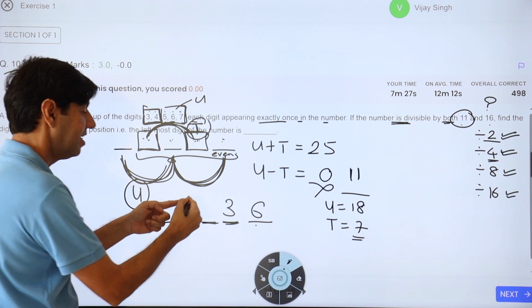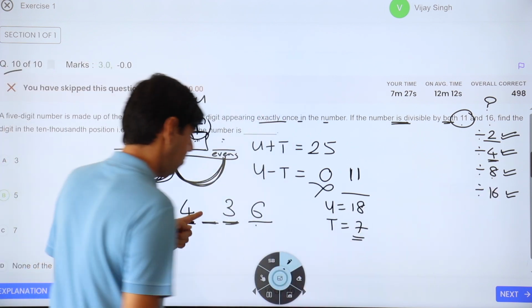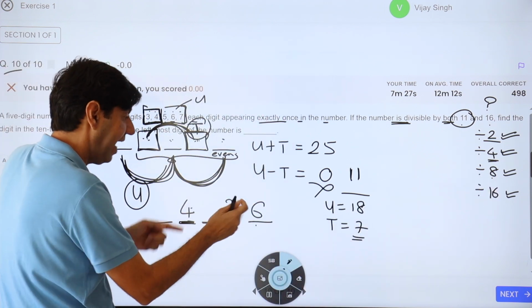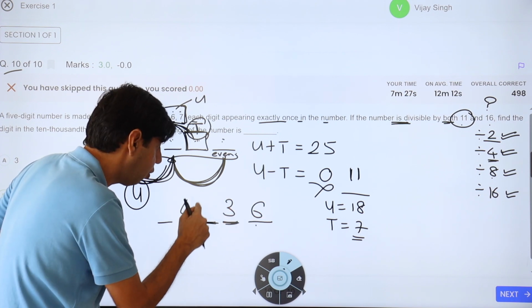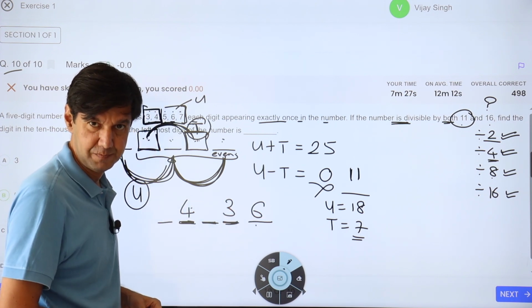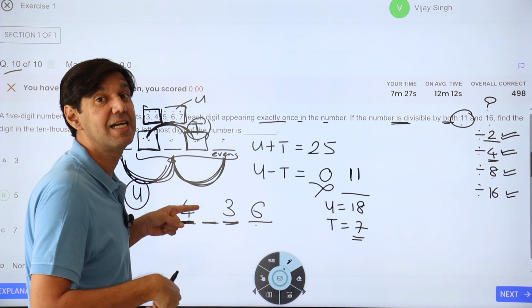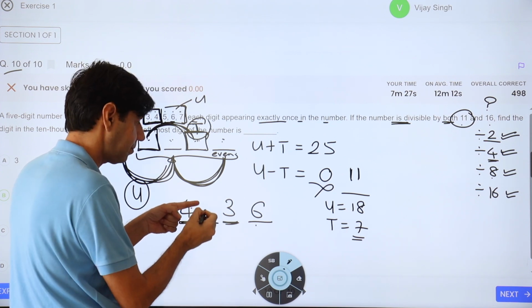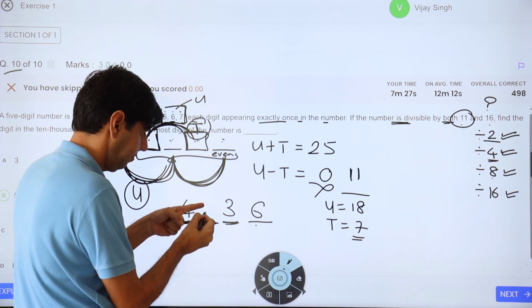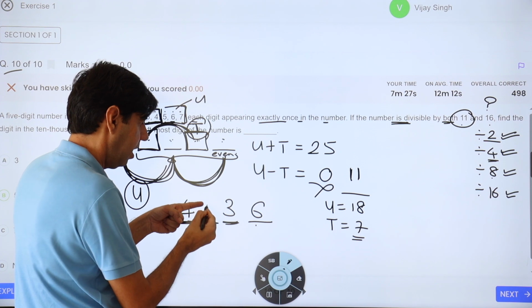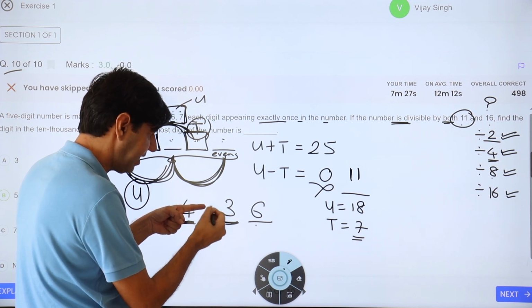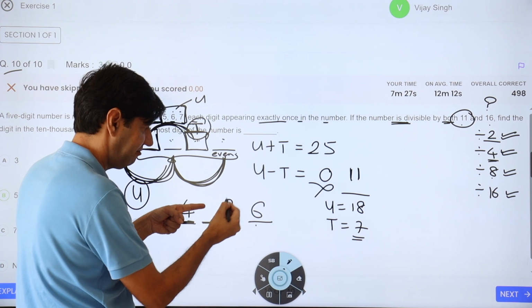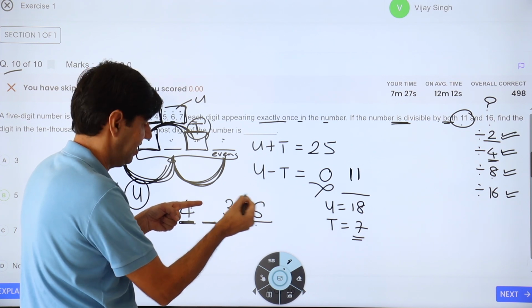Or else this number should be divisible also by 8. So for 8, is this divisible by 8 as of now? No. So 0 will not be acceptable. If a 0 is not acceptable, let's check if 1 comes in. 1 would make it 8 ones are 8 and 56, 8 sevens are, yes.